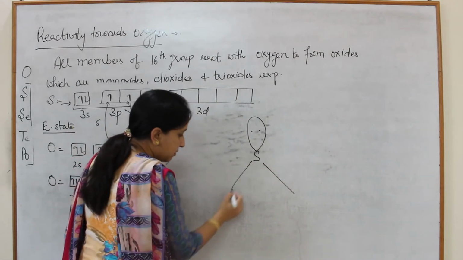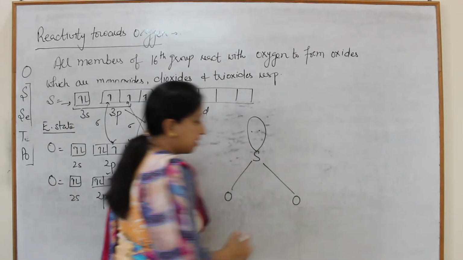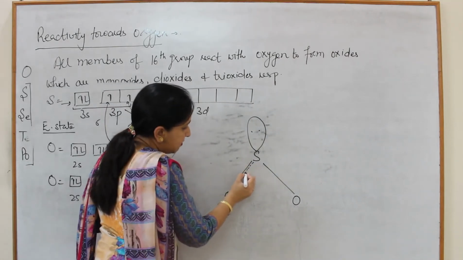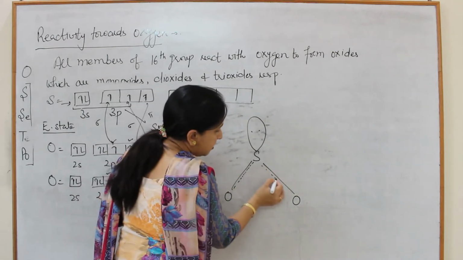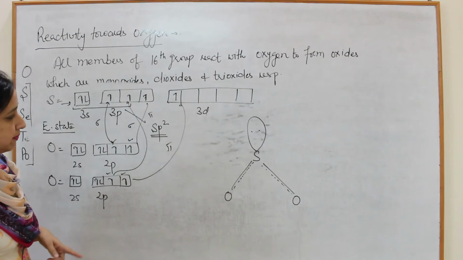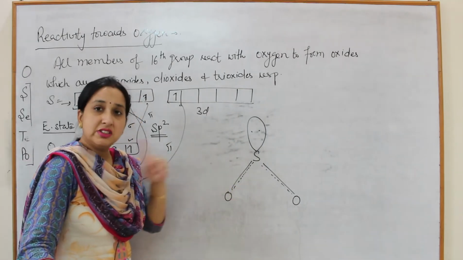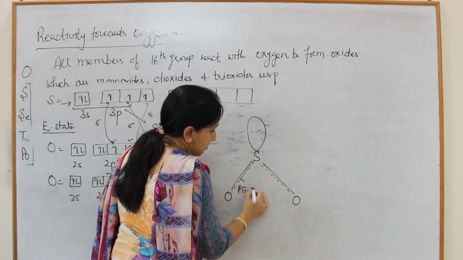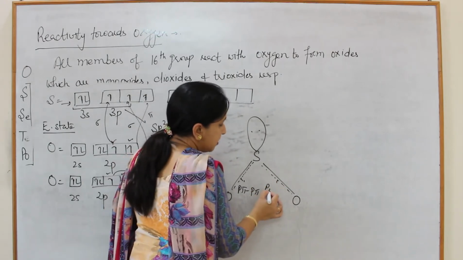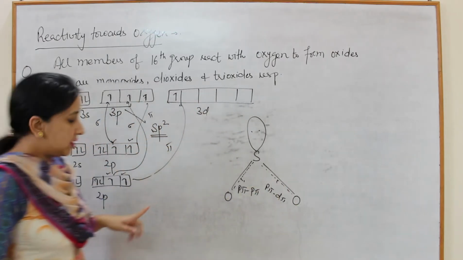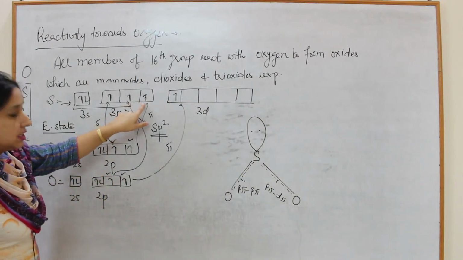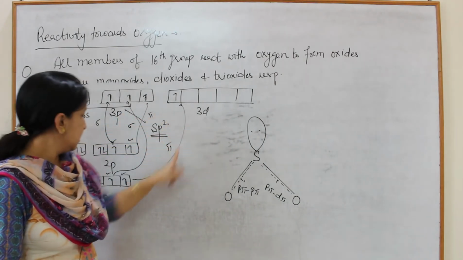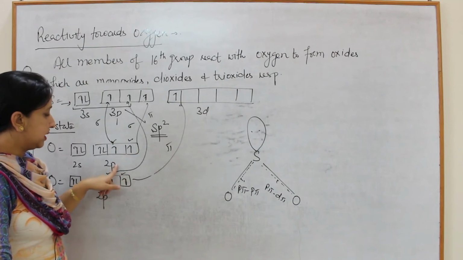So first sigma bond with oxygen, second sigma bond with oxygen. Similarly first pi bond, so this will be the pi bond of oxygen and this will be the pi bond of second oxygen. But in these pi bonds there is one major difference. One of them will be p pi-p pi and second will be p pi-d pi, because sulfur has this orbital 3p but this orbital is 3d. But in case of oxygen both orbitals are p.